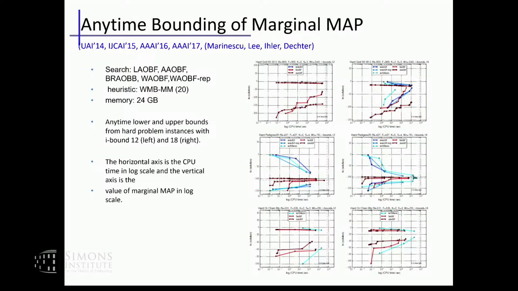The feature that we would like to emphasize is that with time, you have an upper bound and a lower bound, where the same color is the same algorithm providing both, and we are trying to see which one is doing best on which problem. We can also play with the strength of the heuristic, which is one of the components.